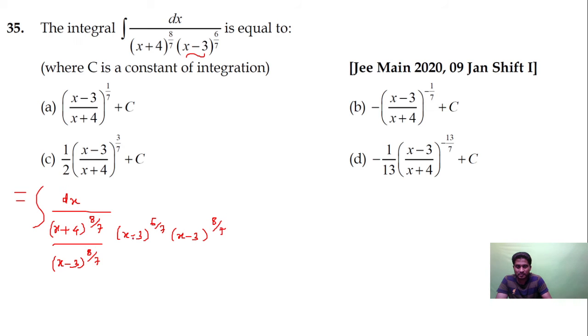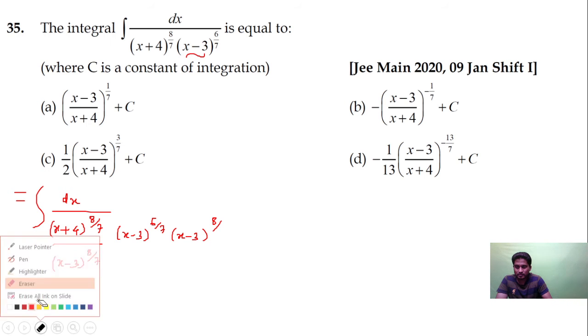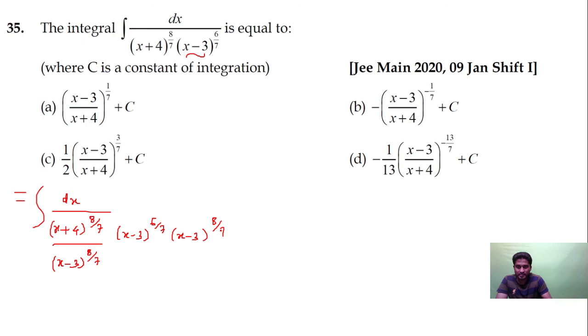Both are the same, guys. This will cancel, you get back the same thing. So this and this will get cancelled, and you will get back the question only. Now powers are added.